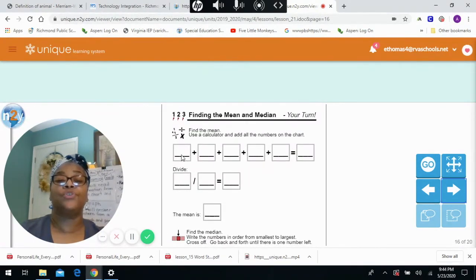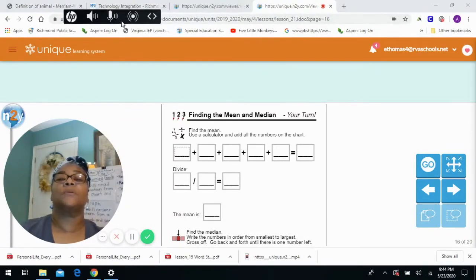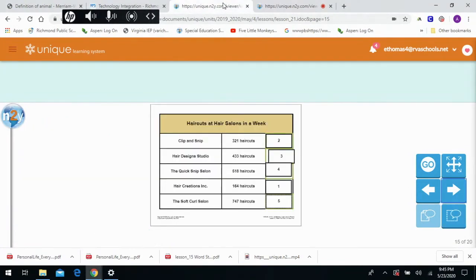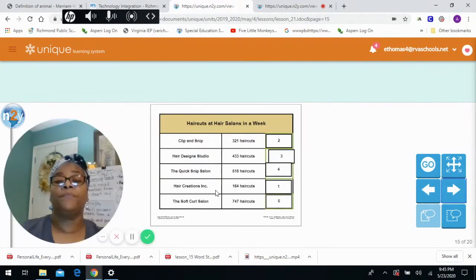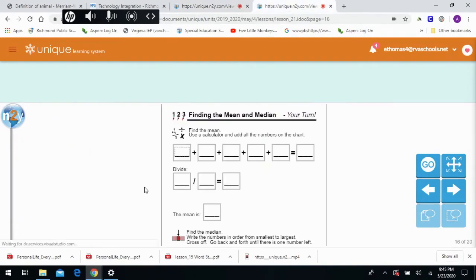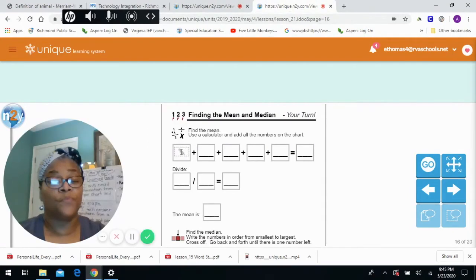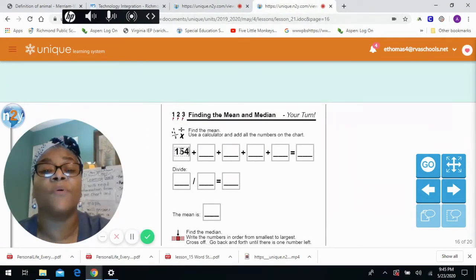All righty, so now we have to put it in order. You're going to take the information from the previous chart and plug it in here. The first one, number one, was 164. So we put that in.